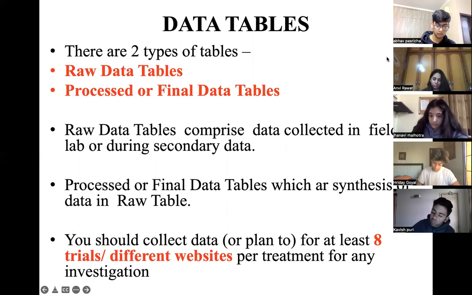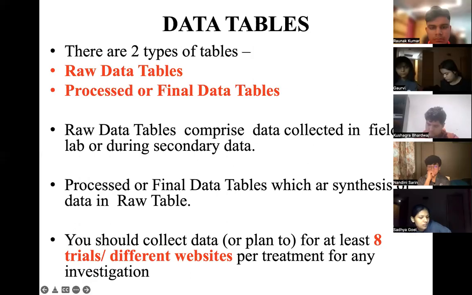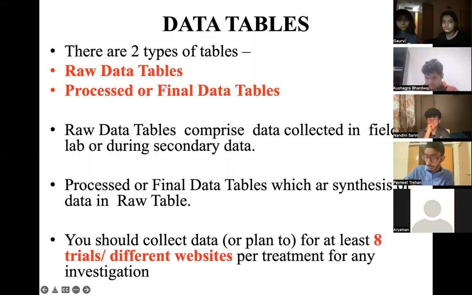Good. Take for example, Sadia, can you read the last line? You should collect data or plan for at least 8 trials, different websites for treatment for any investigation. Thank you, Sadia. We'll go with Aryaman, his camera is switched off. Aryaman, what do you understand by reading this line?